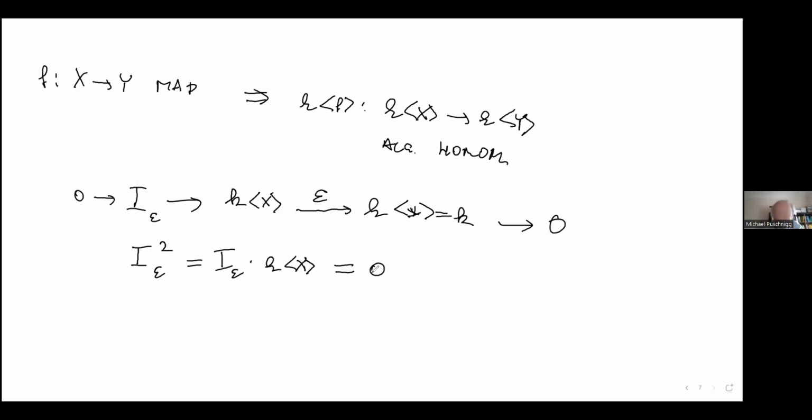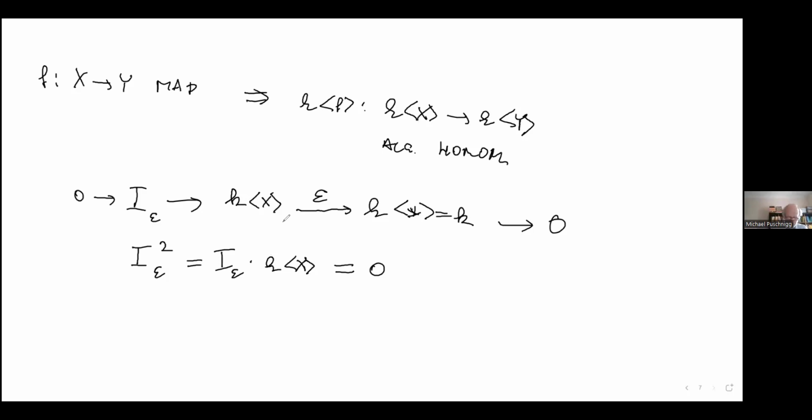Not only this, the product of any element in the augmentation ideal with an arbitrary element in the algebra is 0. On the other hand, this algebra is H-unital in a very strong sense, namely every singleton, every base vector, is a left unit. So it has plenty of left units, and the many, many products are just 0.